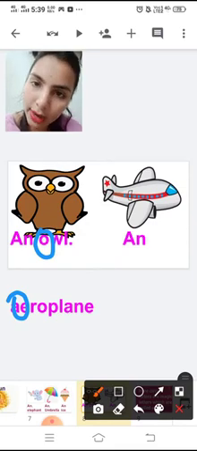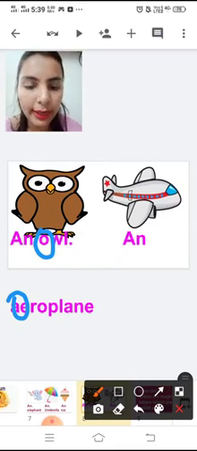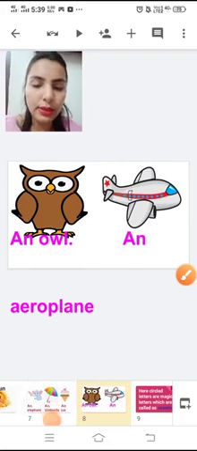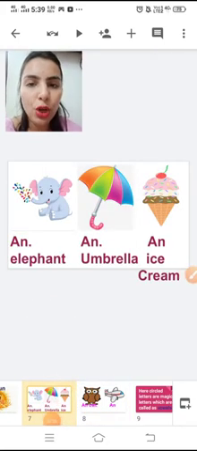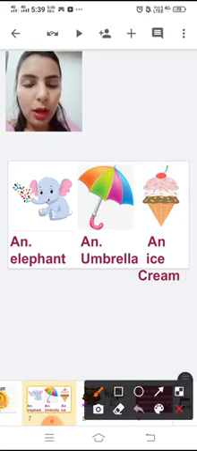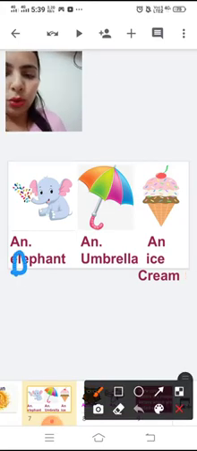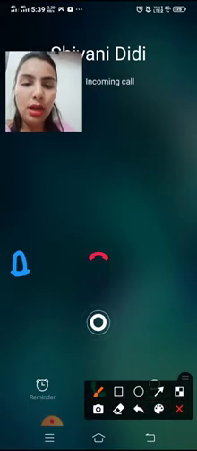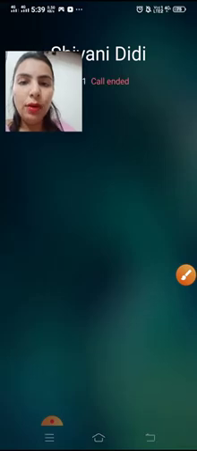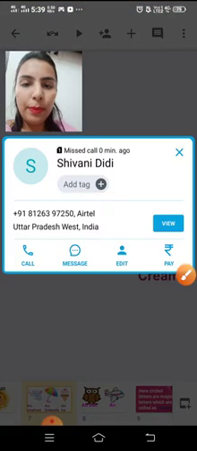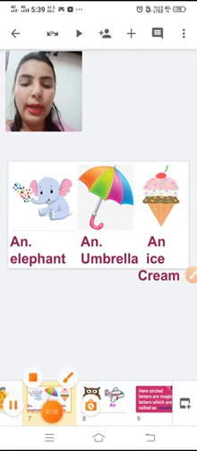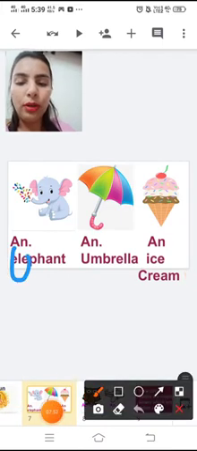If any word starts with a vowel, like see in the pictures again, if there is an elephant, so here elephant starts with the letter E, and E is a vowel. So we use an before a vowel.